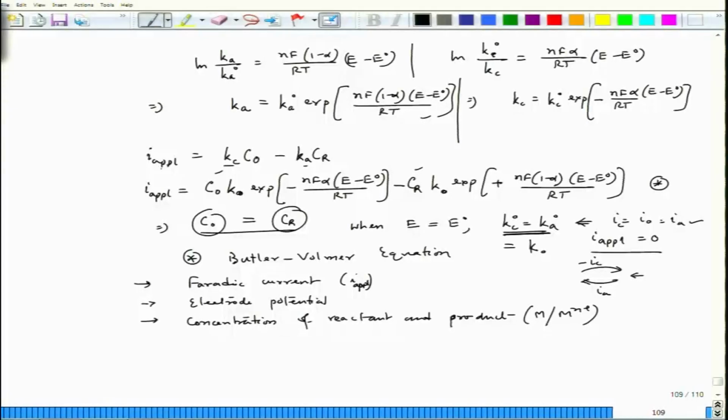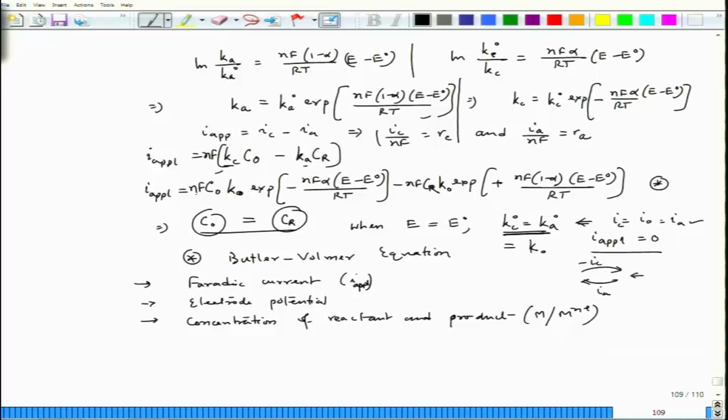Since I applied is equal to I c minus I a, with this we need to multiply n F, and here also n F is to be multiplied, since I c by n F equal to R c and I a by n F equal to R a.